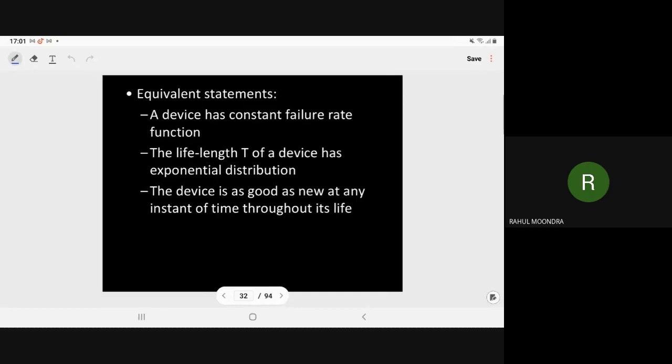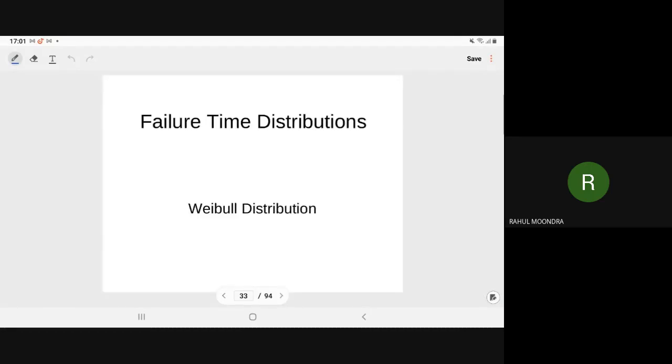Now, next, related to reliability, we have a very important distribution known as the Weibull distribution. So the next failure time distribution is the Weibull distribution.